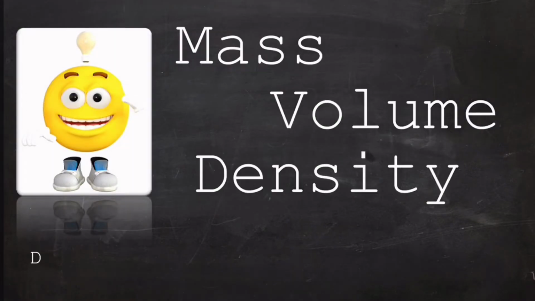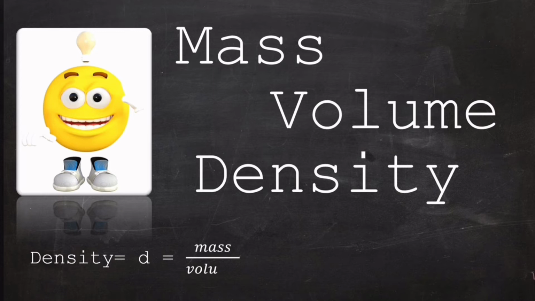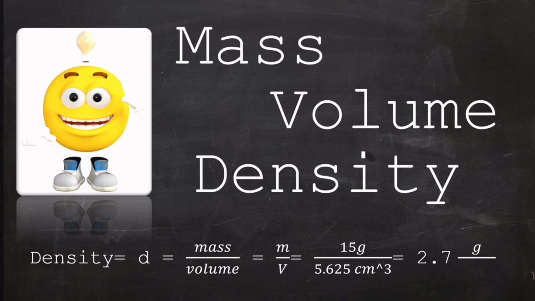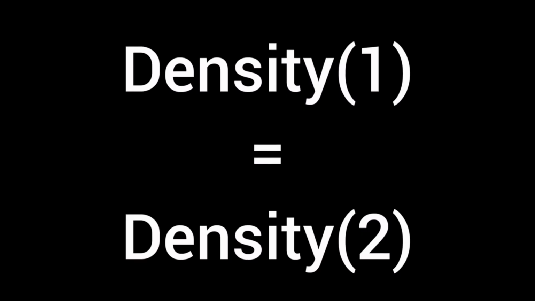Therefore, its density is the quotient of the mass of the material to the volume V it occupies. And the final result is 2.7 grams per cubic centimeter. Hence, the density of the first object is the same as the second one's.